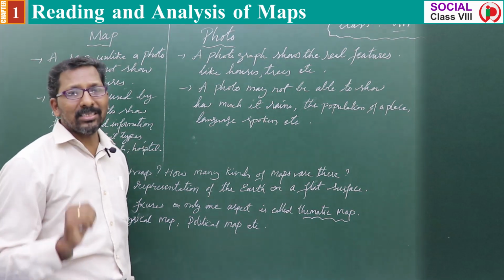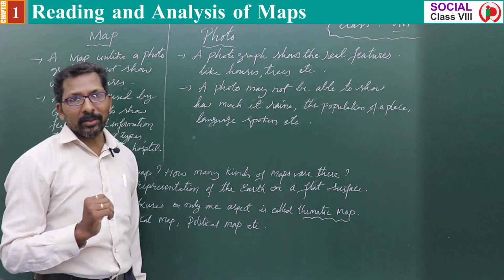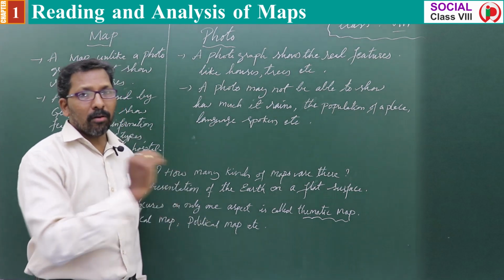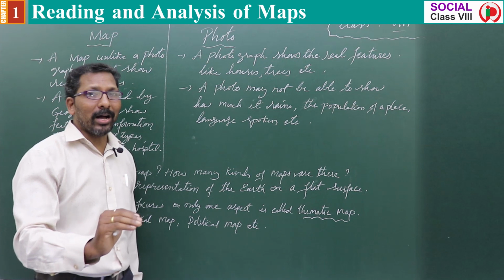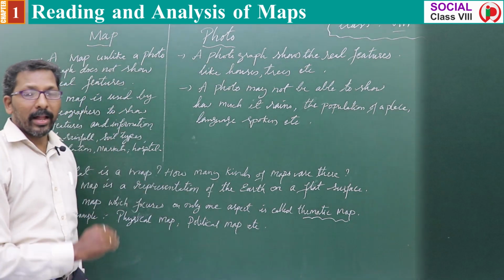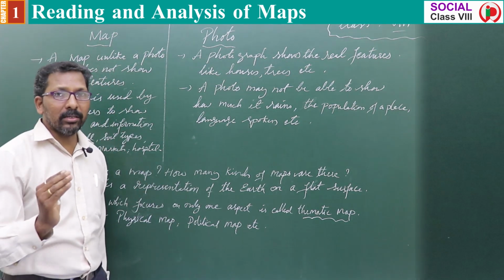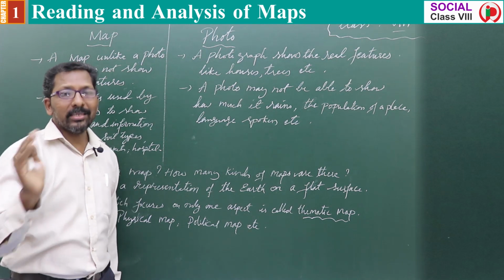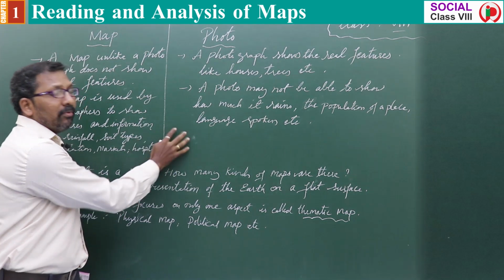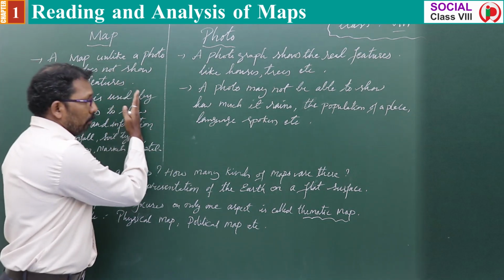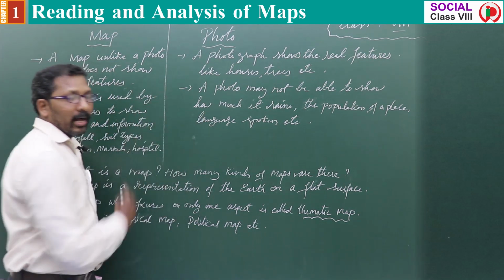How hot or how cold it is in that particular place, what the population is. There are different maps prepared by the geographers, and the information is given in those various maps. So this is quite a difference between a map and a photograph.